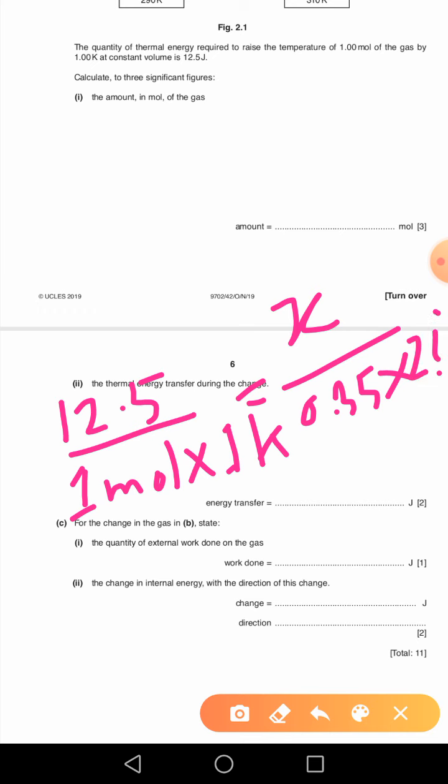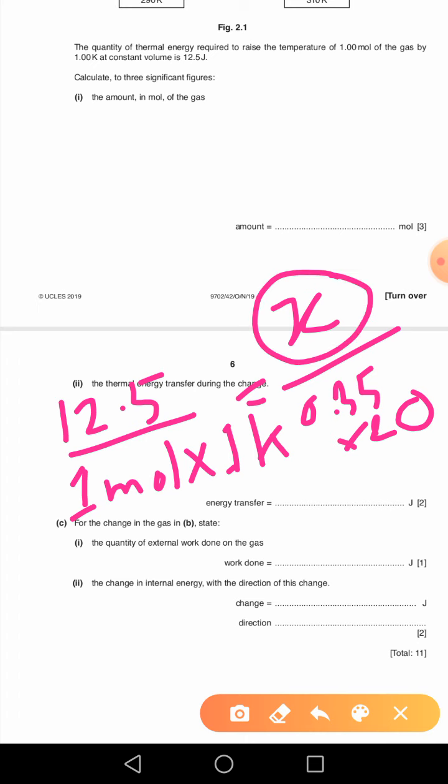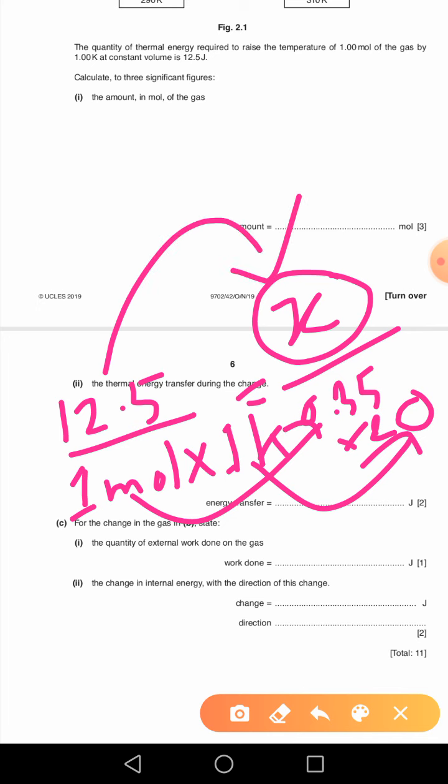If I'm not wrong, it's 20 Kelvin. Okay, into 20. So if you put the value in this way, then you will find the value of x. Okay, so mole, temperature change, heat energy change.